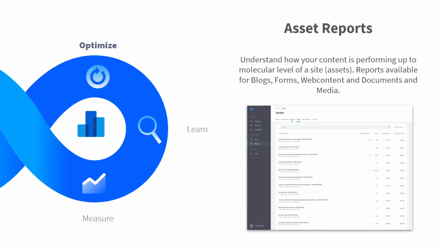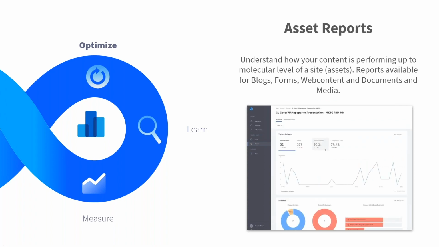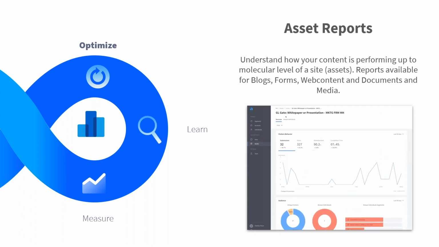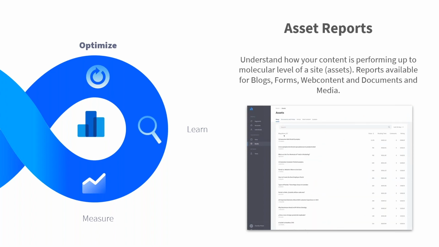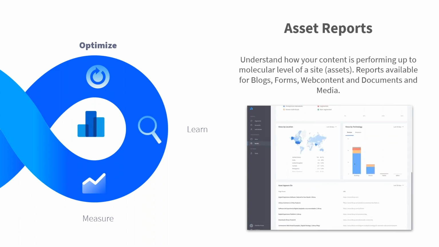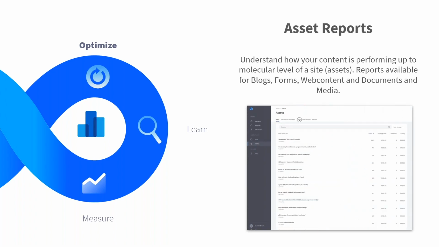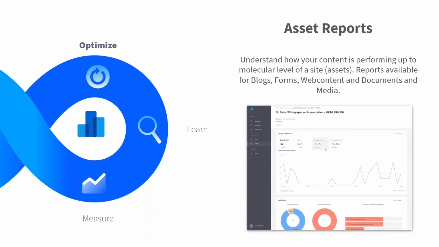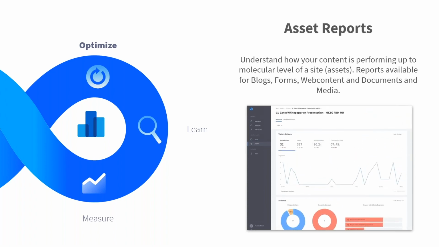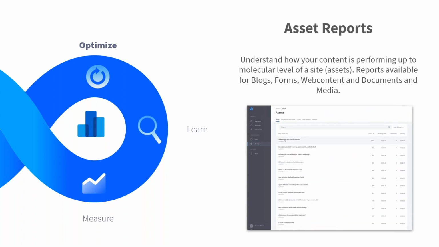But it would be nice if you can go a step further. So when we talk about digital asset management, and I did a webinar just recently on digital asset management and machine learning, digital asset management is often split up into different document types. So blogs, forms, web content, documents and media, etc. And customers interact with those resources differently depending on what type of asset it is.